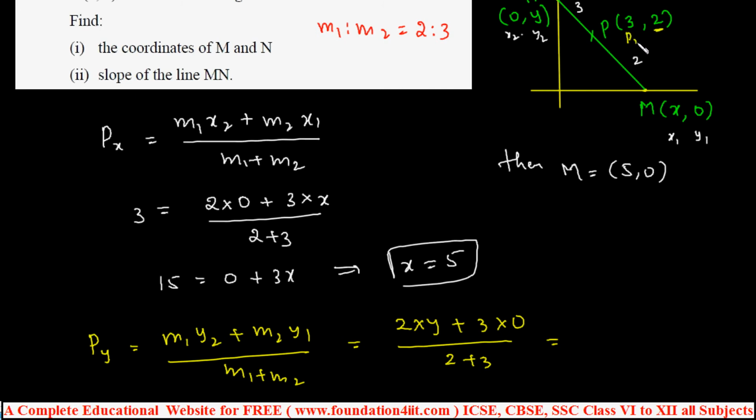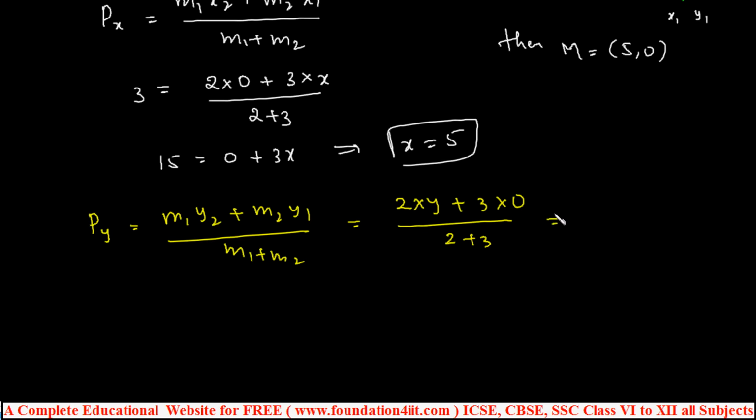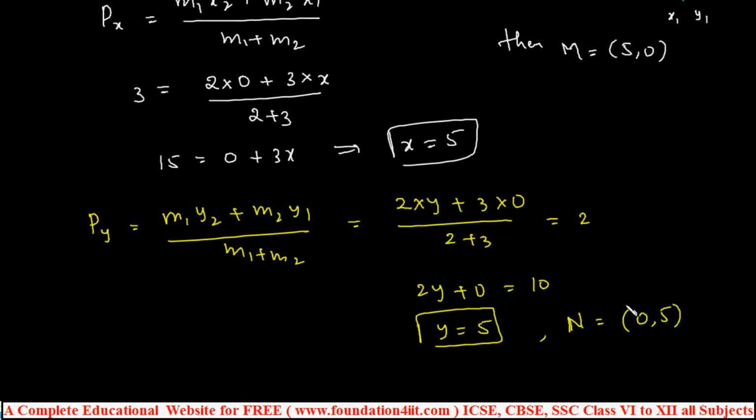So this is Px and Py, x comma y. So that is 2. Substitute here. 2y plus 0 is equal to 2 plus 3 is 5. Take this side, 10. Then y is equal to 5. Same, y value we got 5. Then N is equal to 0 comma y. So 0 comma 5. Hence the coordinates of the point N is 0 comma 5.